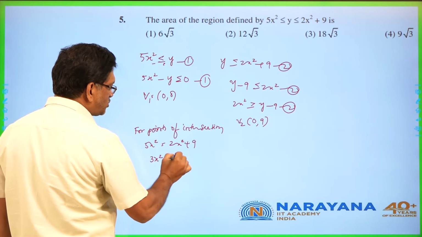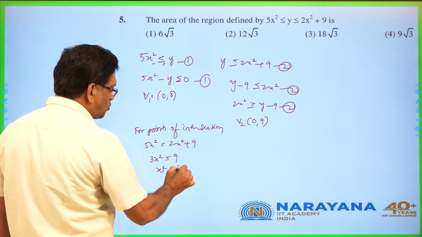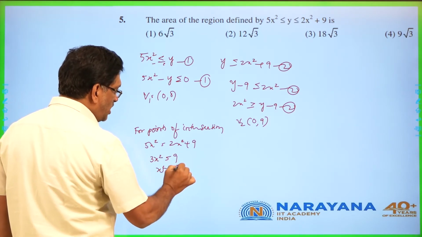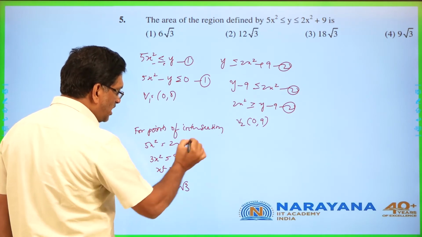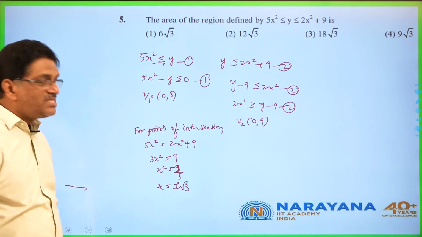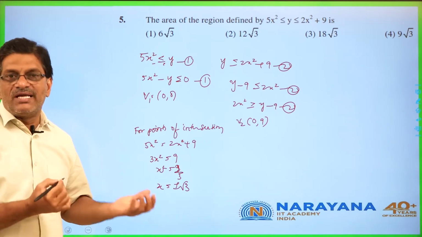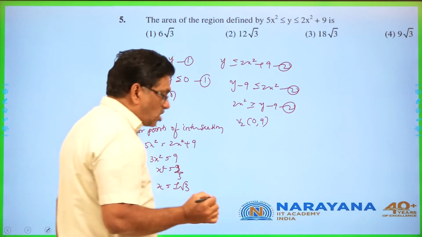It is 3x square equals 9, x square is 9 by 3, x is plus or minus root 3. That means within this particular interval only we have to draw the diagram.